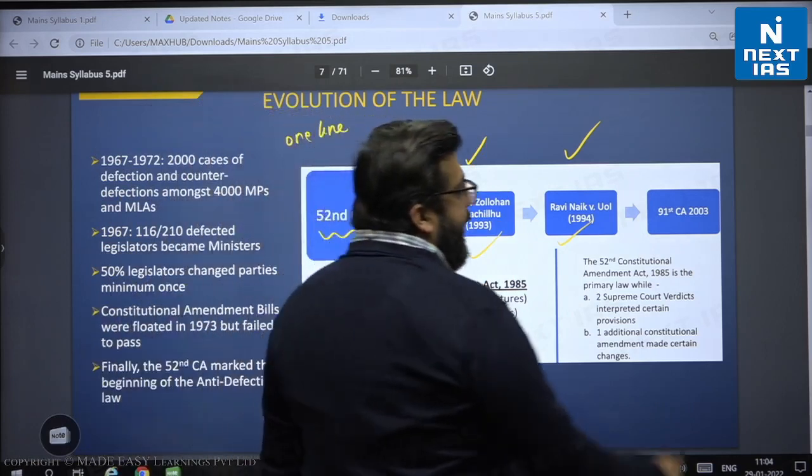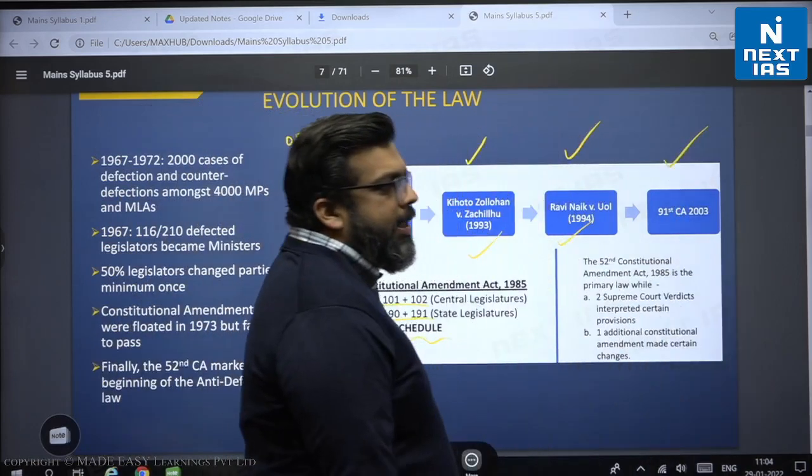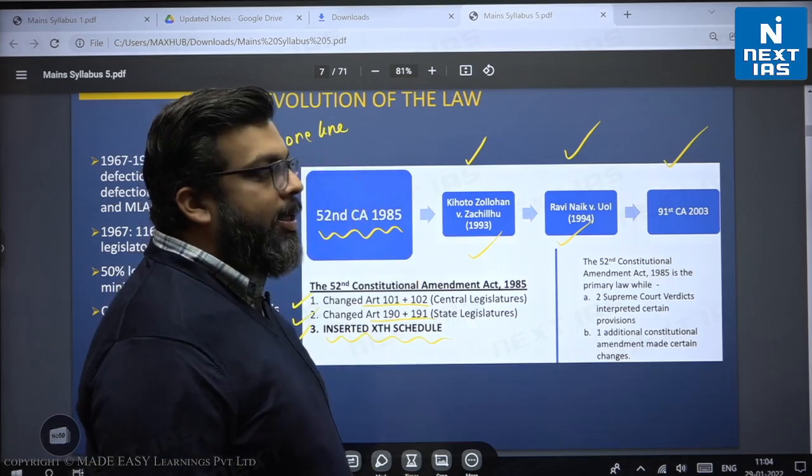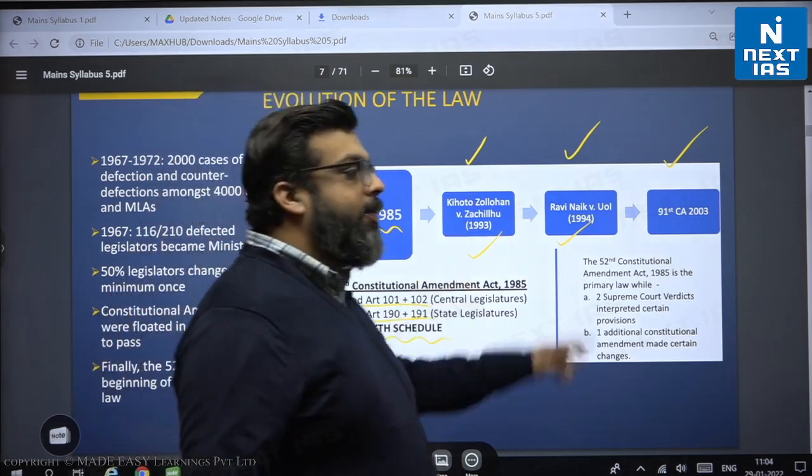Okay. And in 91st Amendment 2003, the government has made certain changes. जो मैं आपको party mergers की बात कर रहा था वो यहाँ पे किया.